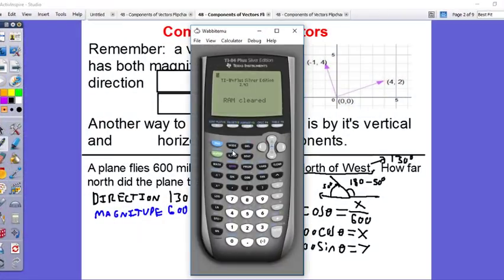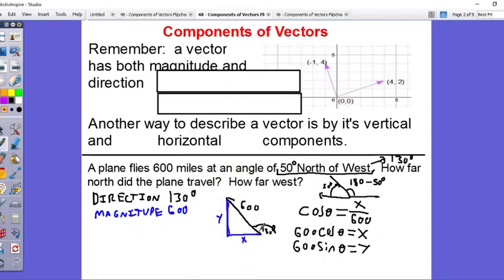So get my calculator, make sure my mode is in degree mode. And to find x and y, I can find the horizontal component. So I can find 600 times the cosine of 130. That's going to be negative 385.67. And that makes sense because we're moving west from the origin right here.